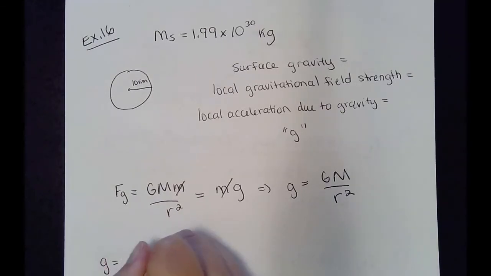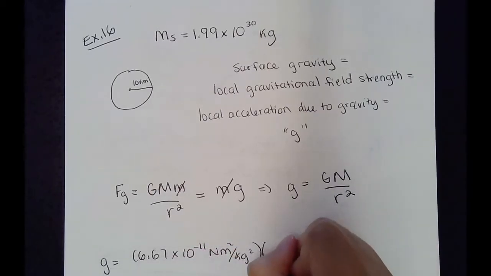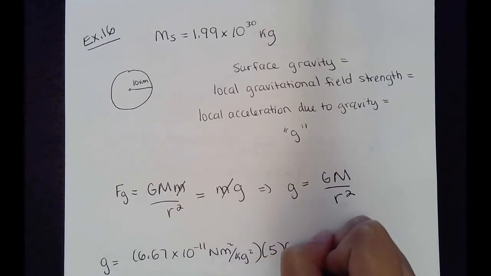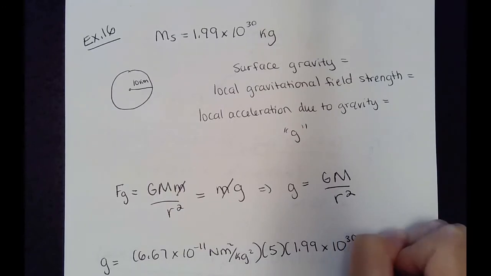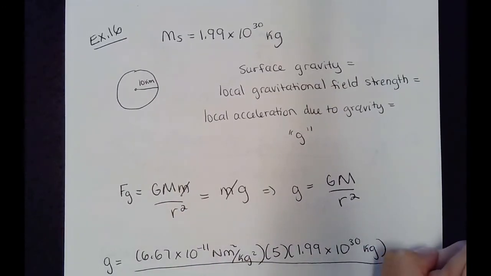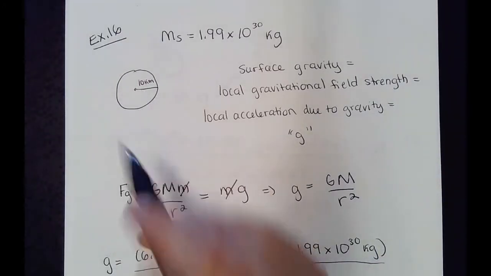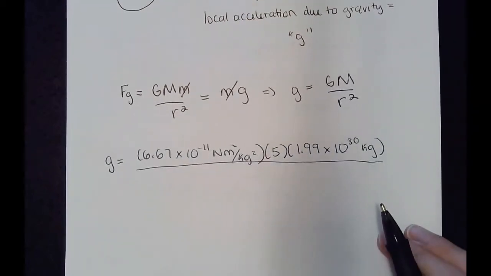So g will be 6.67 times 10 to the negative 11 Newton meters squared per kilogram squared. The mass is 5 times the mass of the Sun, 1.99 times 10 to the 30 kilograms. And then we have 20 kilometers in diameter, so the radius is half of that, which is 10 kilometers.